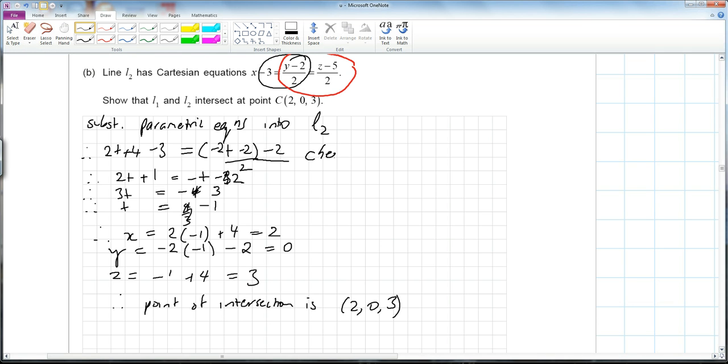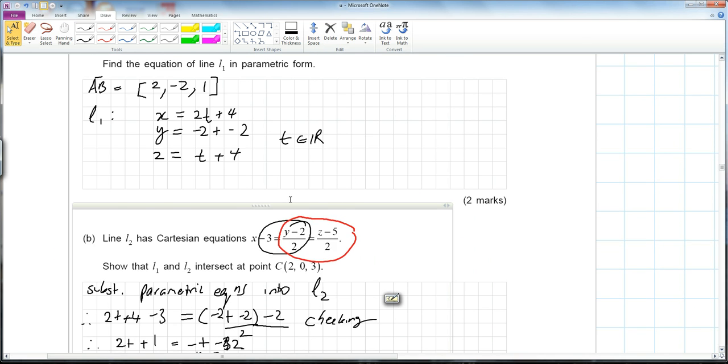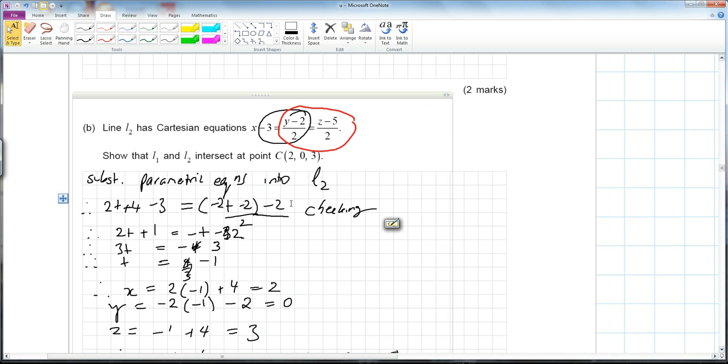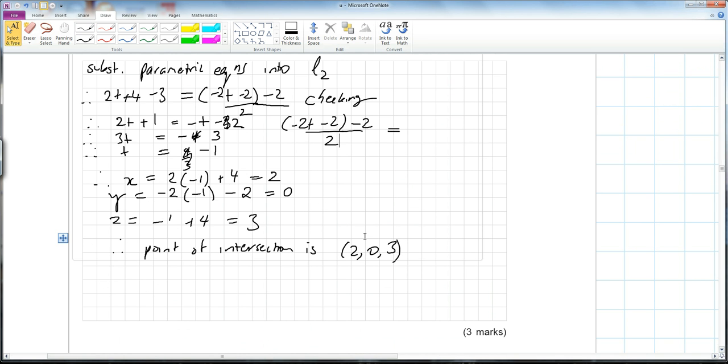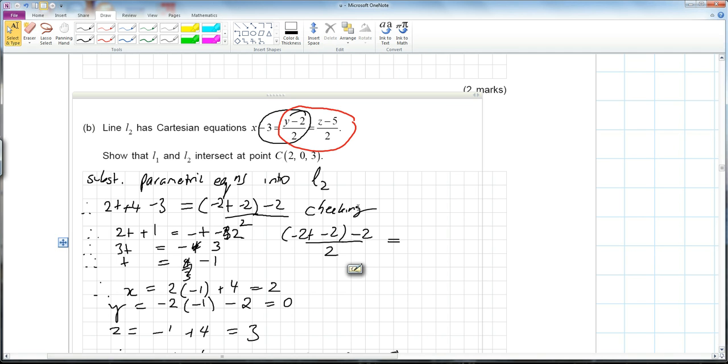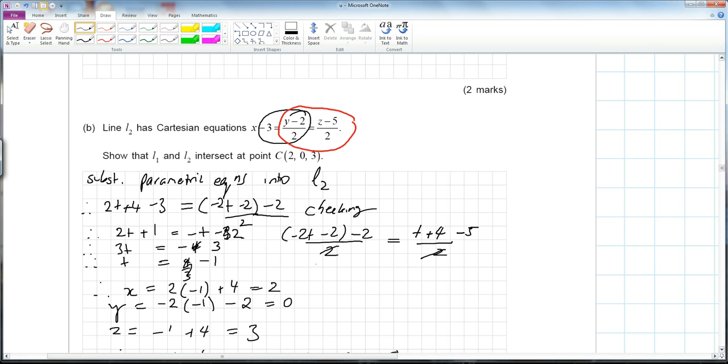So I'll just put checking. So y was minus 2t take 2, minus 2 over 2, is equal to t plus 4. So t plus 4 minus 5, all divided by 2. Let's cross out those 2's.